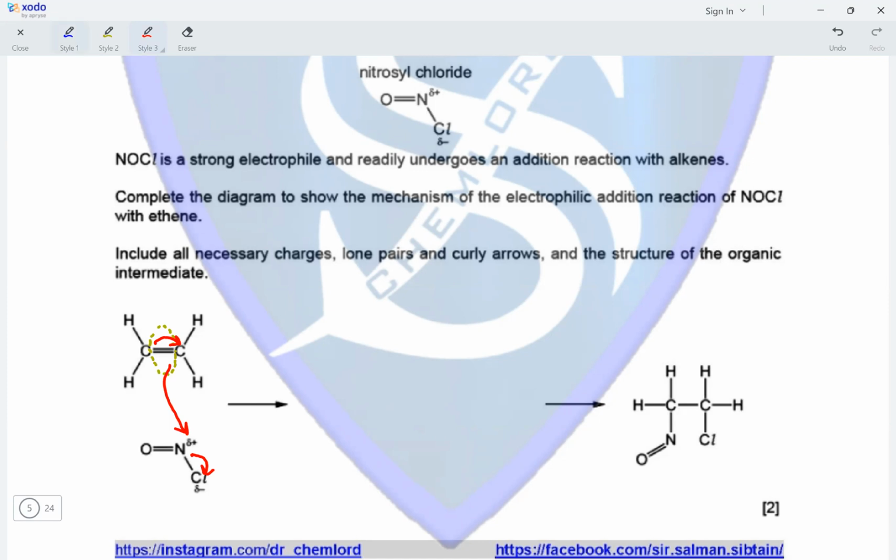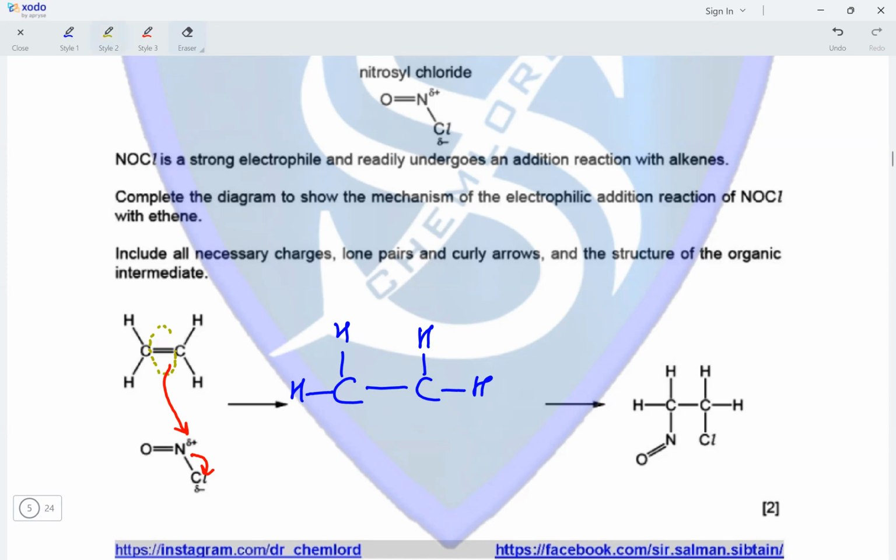And this will result in the formation of an intermediate in which we would have two hydrogen atoms attached to each carbon atom, and the NO part of nitrosyl chloride attached to the carbon on the left, which means that the pi bond will not be broken the way shown right now.